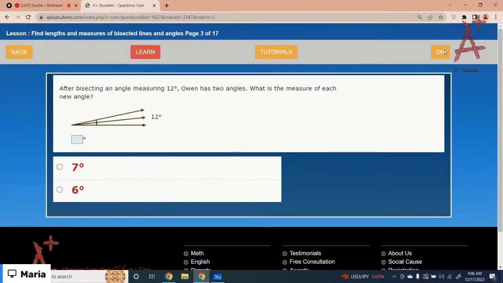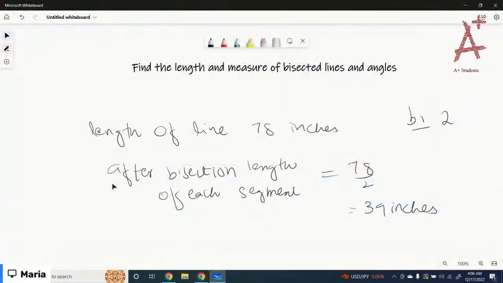Okay, after bisecting an angle measuring 12 degrees, you have two angles. What is the measure of the new angle? The original angle is 12 degrees.